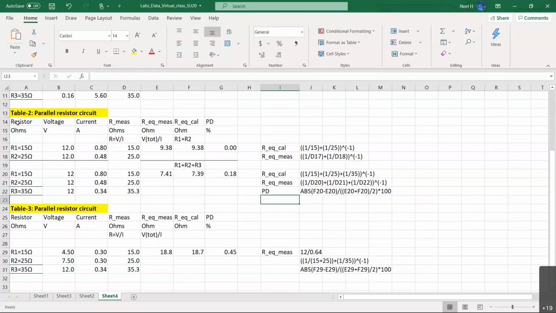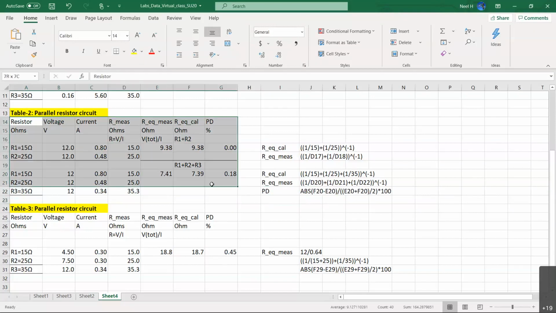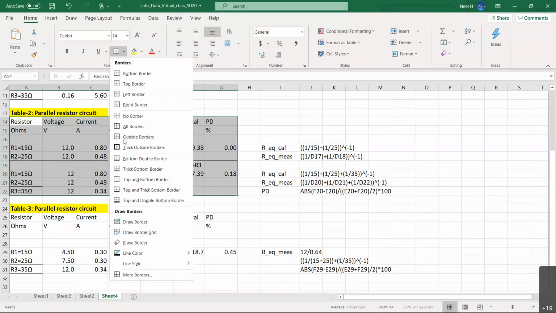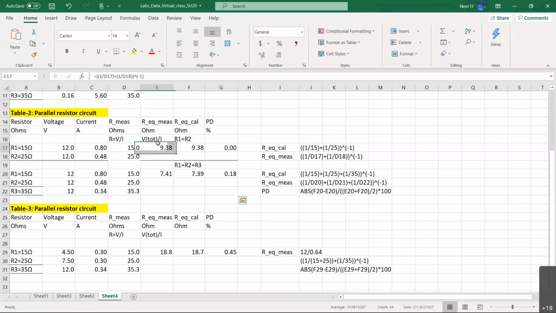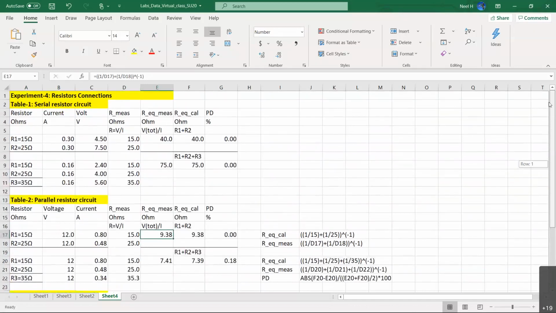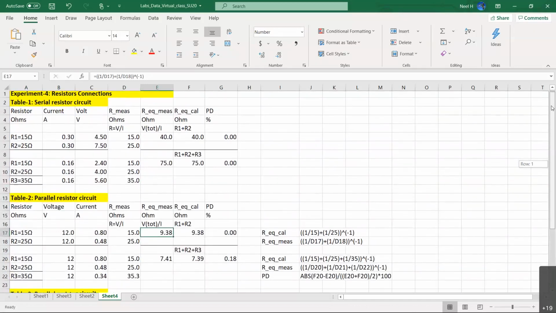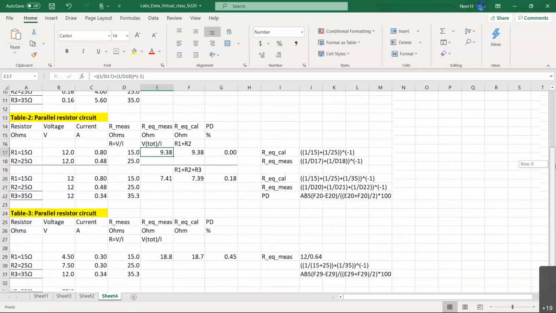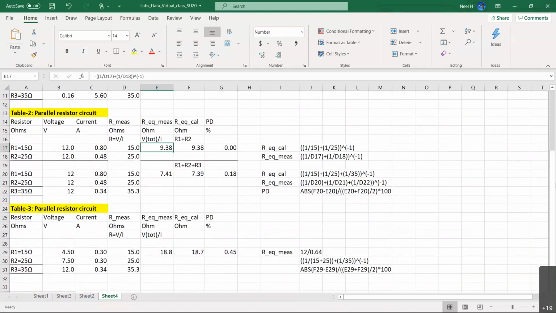That's a very good point. Please make sure you complete table number 2 properly. And then formatting you can do later, right? You have to make sure all these lines are visible. Some of you put the table without the border lines into your Word report, and that does not look nice.